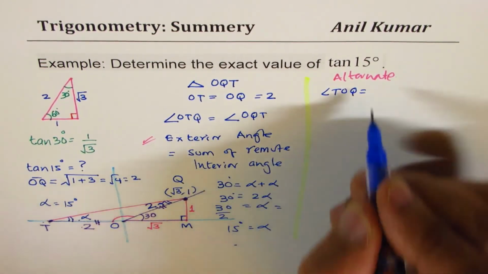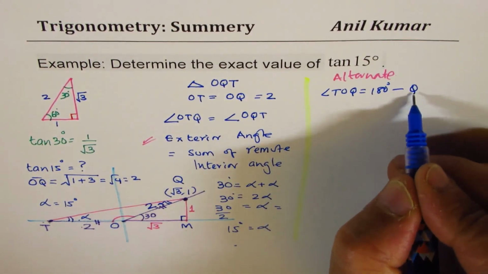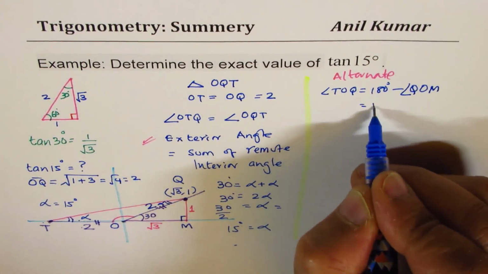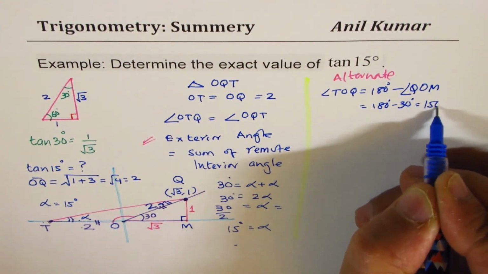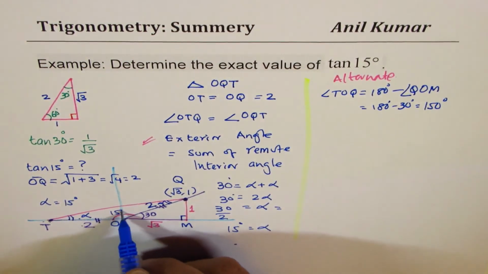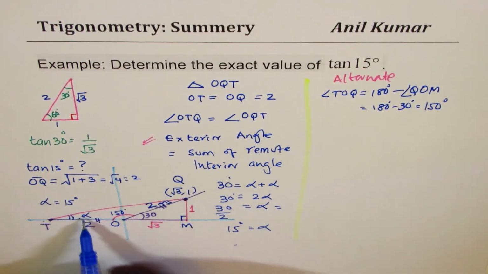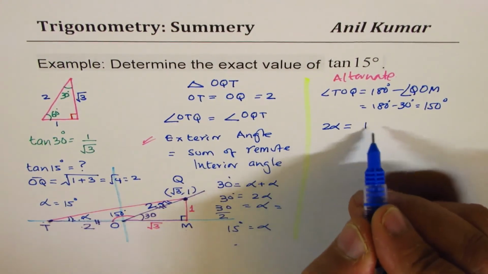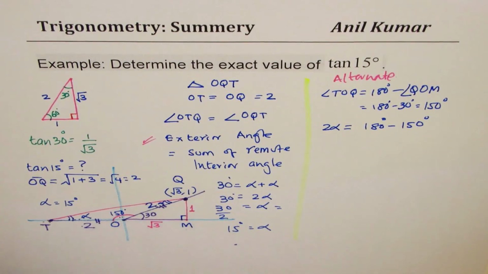TOQ is equal to 180 degrees minus QOM, which is 180 degrees minus 30, 150 degrees, correct? So this is 150 degrees. Since we're talking about an isosceles triangle, the sum of these two angles, that is 2 alpha, should be equal to 180 degrees minus 150 degrees, that angle, correct?